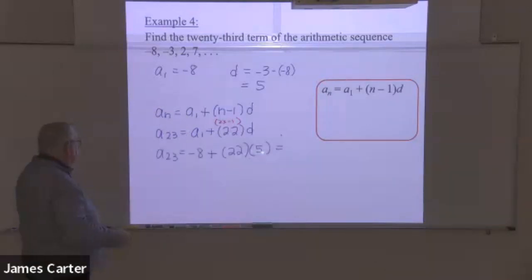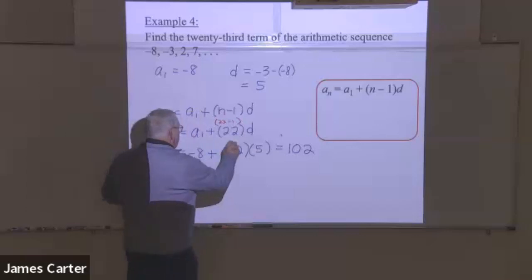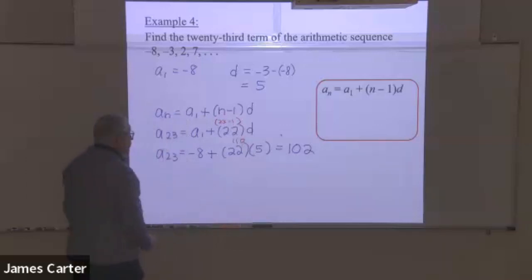And 22 times 5 is what, 110? And -8 gives you that. So we've got 110 here. And so we end up with 102 would be the 23rd term in this case.